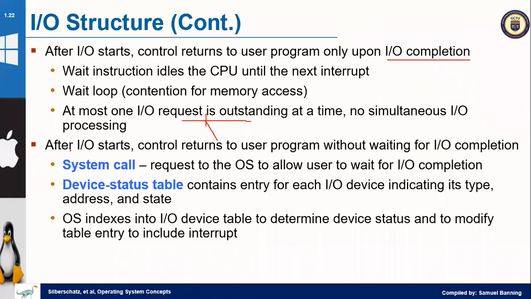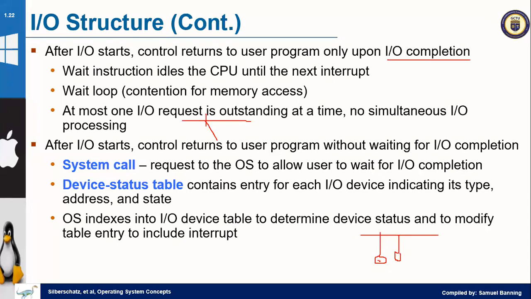Then in the second fashion, the control will return to the user program without waiting for the IO to complete. So it is very efficient. At this point, the CPU encounters an IO, it will send it to the device and continue to execute. Then another device or another process can send an IO, and it will continue executing.